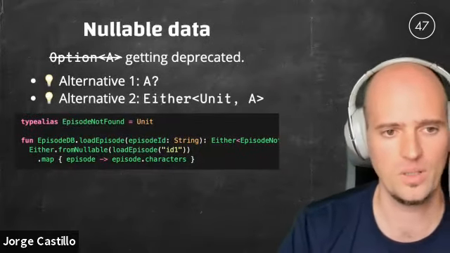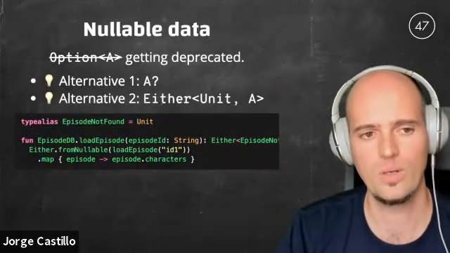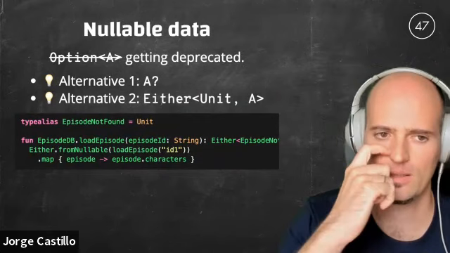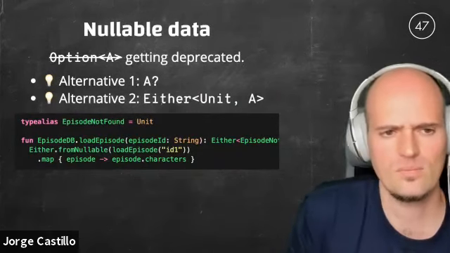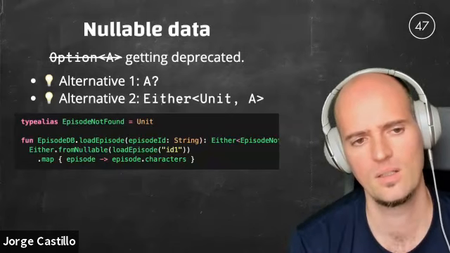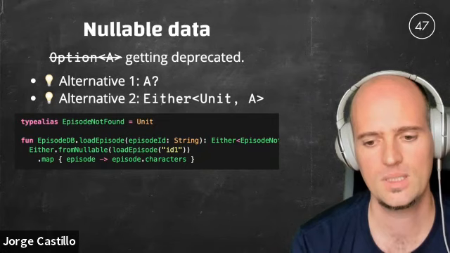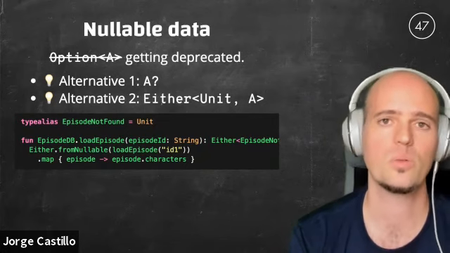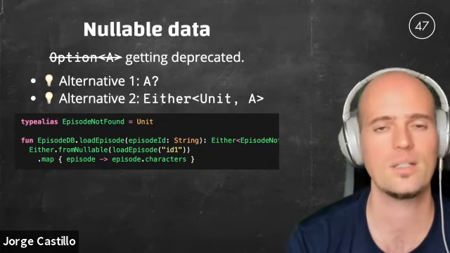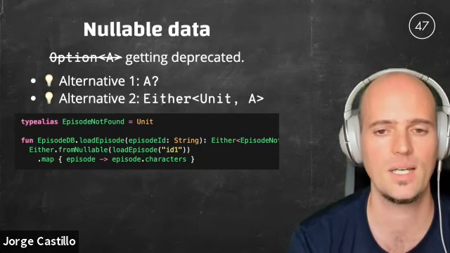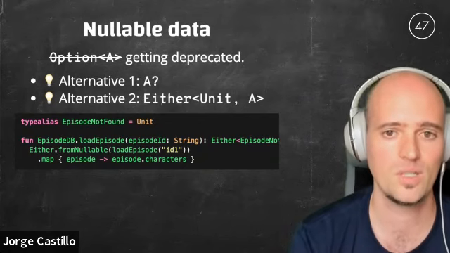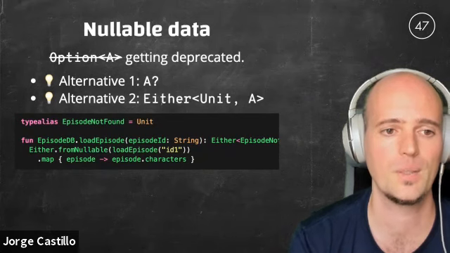Either is also able to encode a way to handle nullable data. We had this conversation in the Arrow team, as an Arrow maintainer that I was also part of, with a lot of people on the team, about deprecating Option, because we were providing the standard Option data type for representing the idea of presence versus absence of a value.